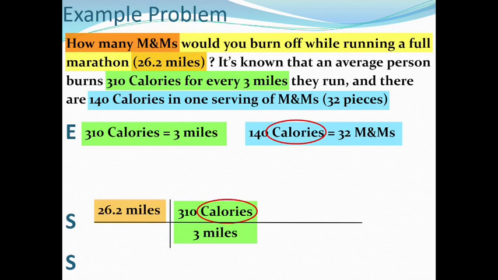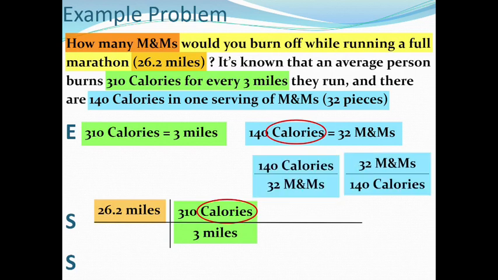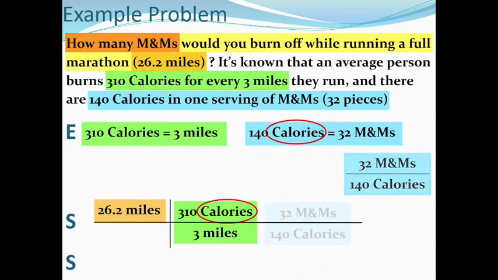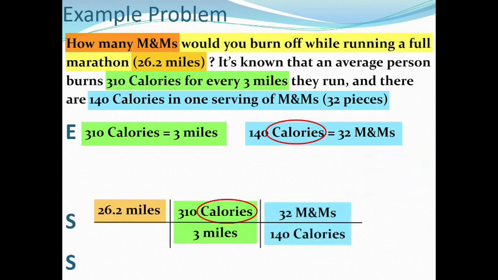But once again, with this blue equation, we have to turn it into a conversion factor, and we have two options. But we want the option that's going to cancel out our calories and get us M&Ms. So we're going to choose that second one this time, putting calories on the bottom. So we're canceling out the calories we got, and now we've got M&Ms.